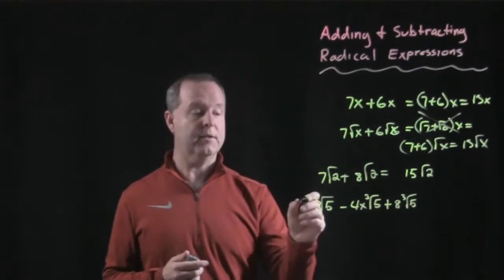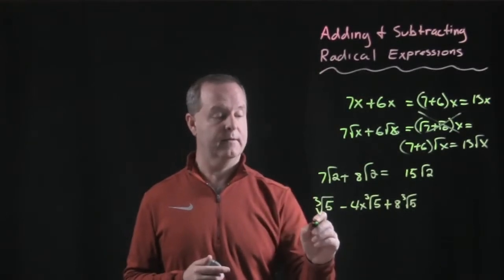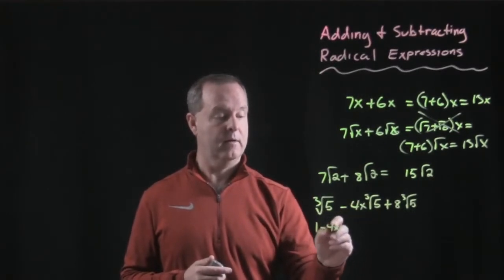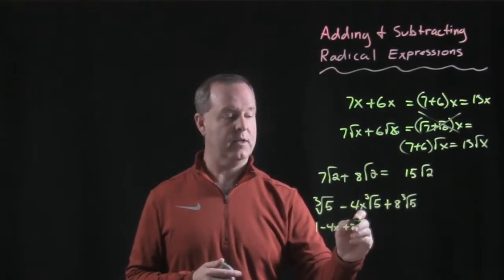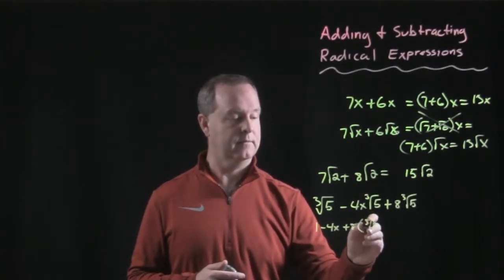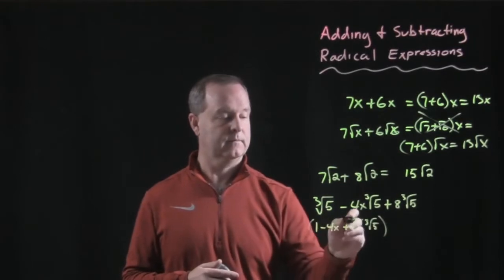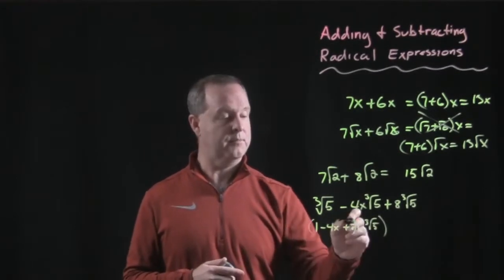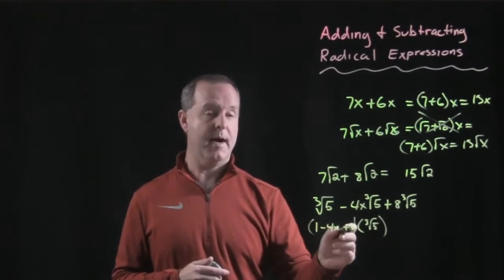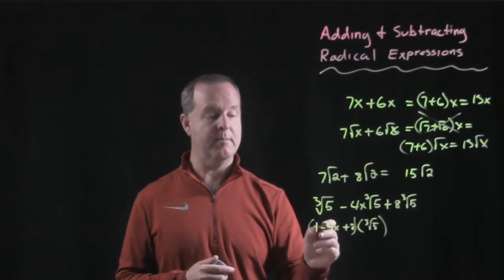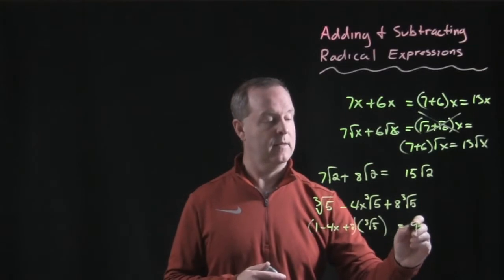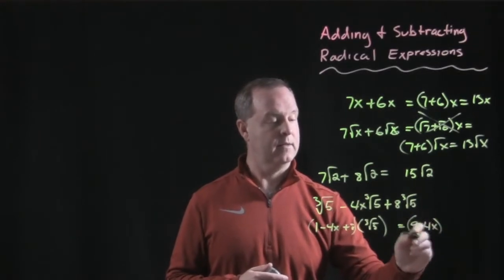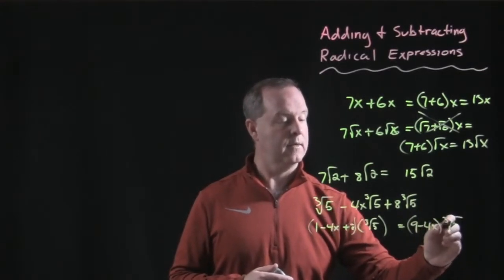Nope. So here I have 1 cube root of 5, take away 4x cube roots of 5, plus 8 cube roots of 5. So now I have 1 minus 4x plus 8. So I'll have a 9 minus 4x cube roots of 5.